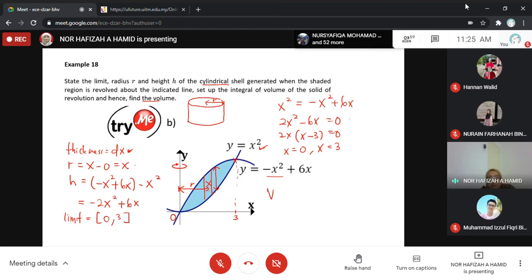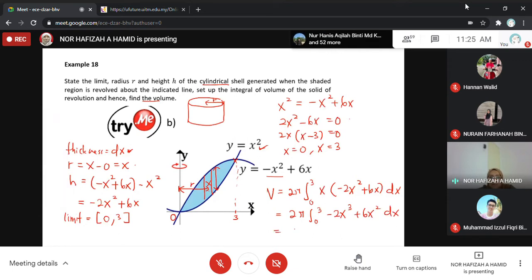Okay, so nanti you boleh terus set up. So you nak calculate V is equal to 2 pi and limit from 0 until 3, r is x and h is negative 2x square plus 6x and thickness is dx. Okay, so you nak integrate. Okay, so kita expand dulu. You have negative 2x to the power of 3 plus 6x square dx.